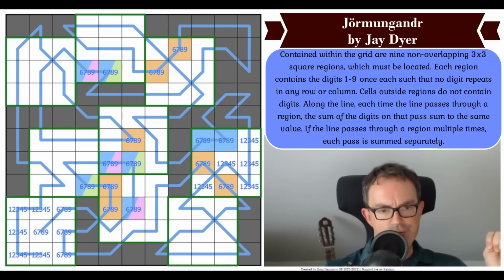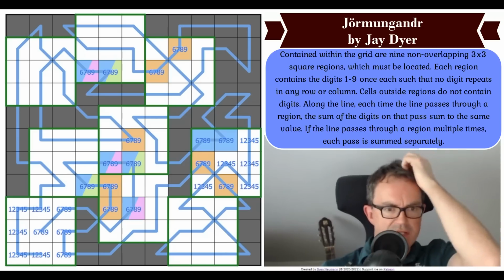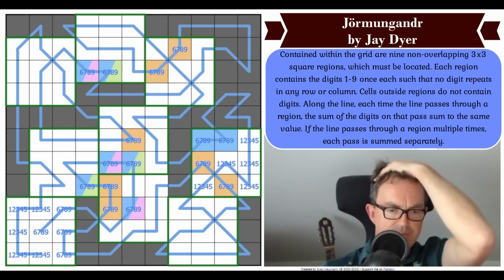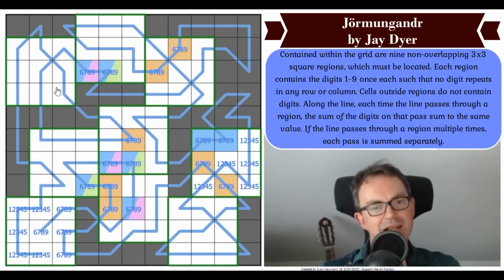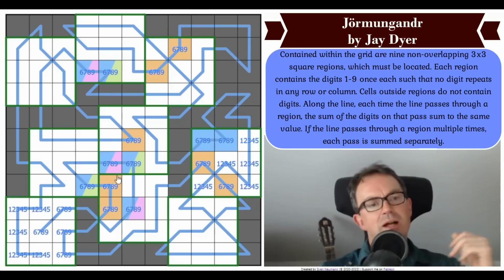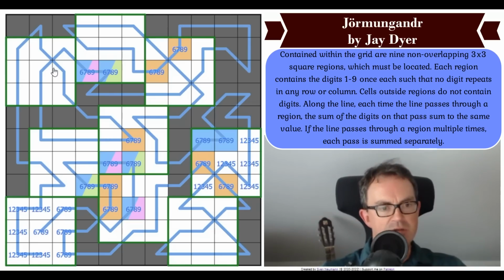So how do we do this? Are we missing some sort of geometry ideas? The problem with these deconstruction puzzles is the geometry doesn't work very easily, because in a regular Sudoku you can do tricks. Well, actually I'm going to slightly disagree with myself.